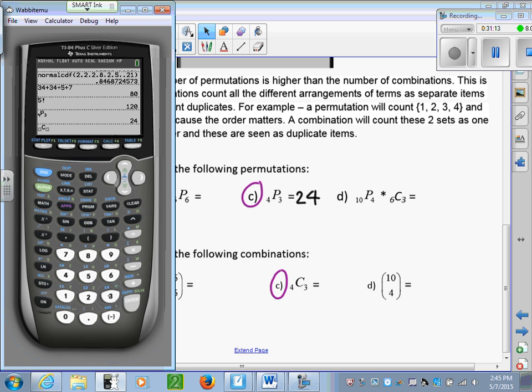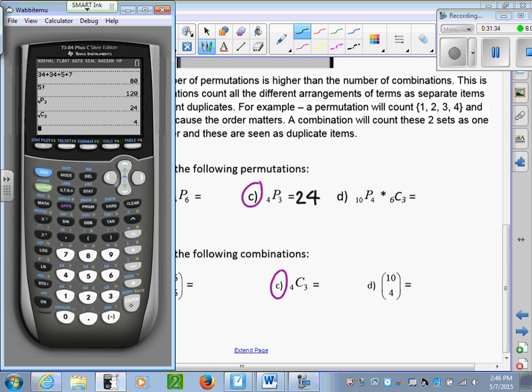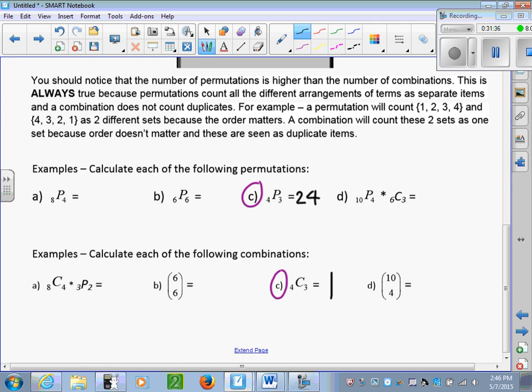Again, you'll need to move your cursor over till you're in front of where it says NCR and put your value of 4 in there, whereas I put it in my little box because my calculator is slightly different. And then 3. Then I push enter, and it's 4.